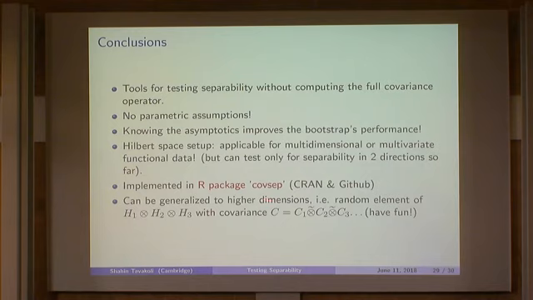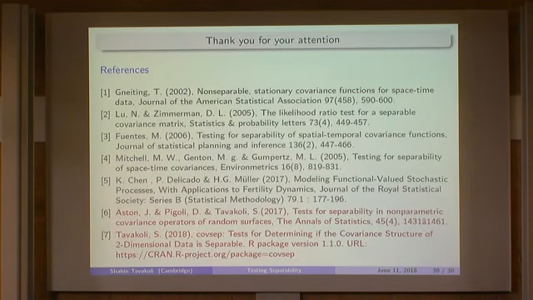And what I've shown you is only for the tensor product of two Hilbert spaces. If you're thinking about fMRI or MRI data, this is three-dimensional. So you could also create a test for three-dimensional separability like this, but then the covariance might get quite ugly, uglier than what it is already. So if you want to do it, have fun. Thank you very much.